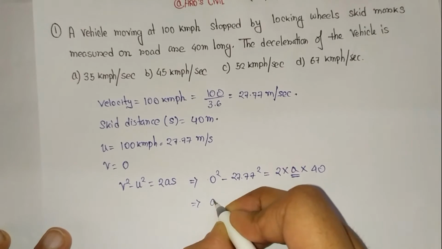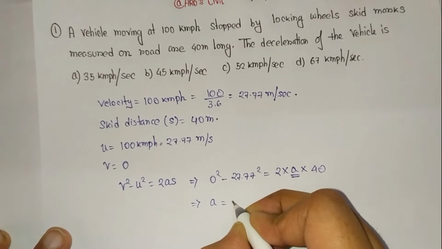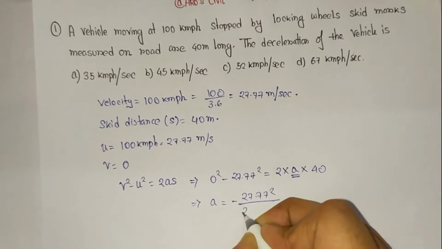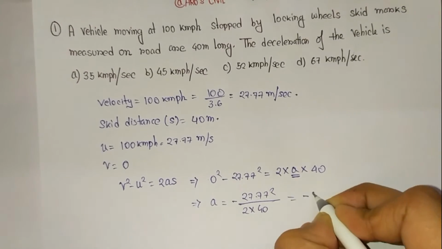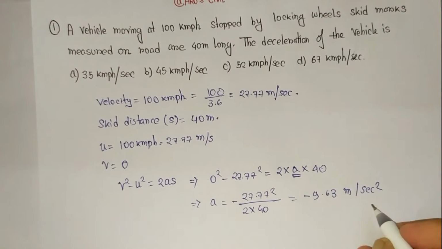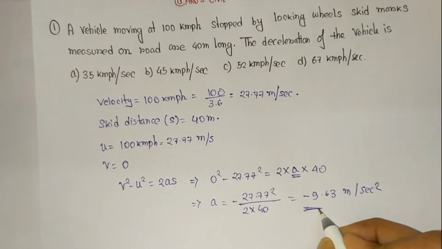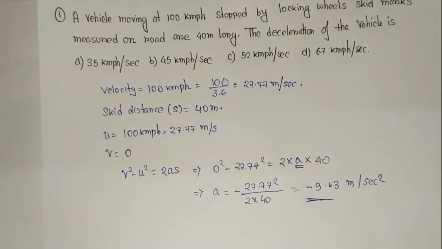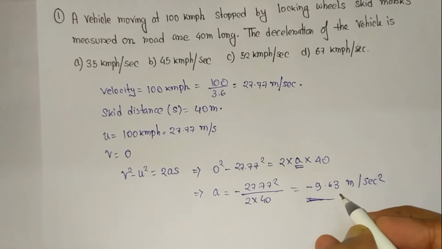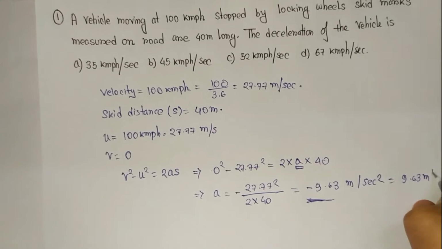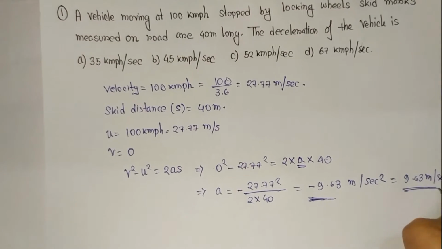So a is coming as minus 27.77 square whole divided by 2 into 40, which is minus 9.63 meter per second square. Here the minus sign denotes the deceleration, or that the velocity of the vehicle is reducing, but we will use the modulus value, that means 9.63 meter per second square. This is the deceleration value.